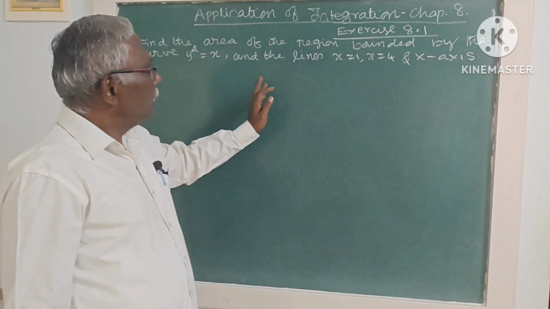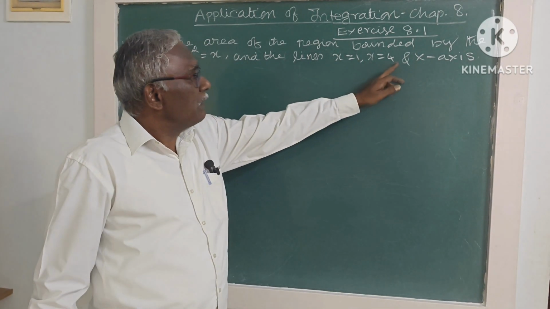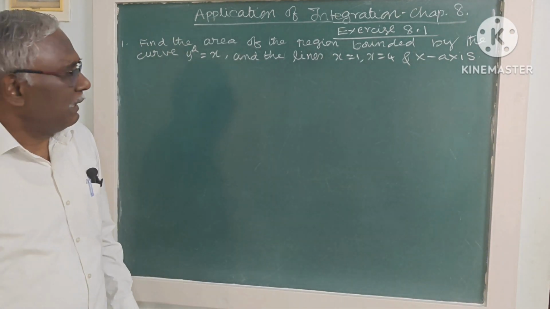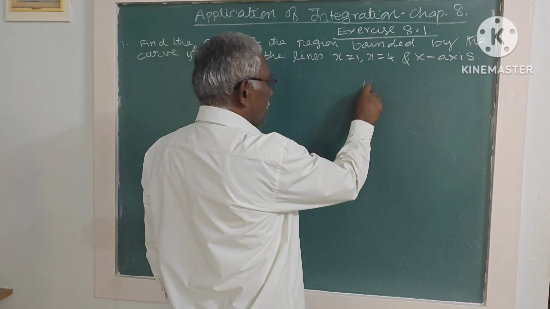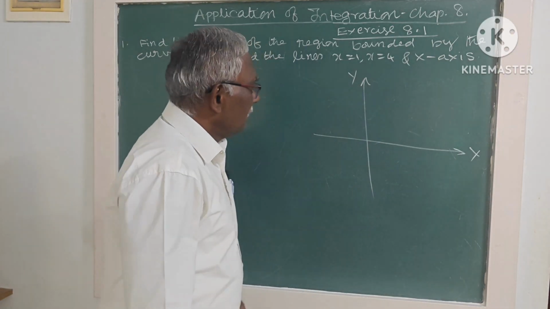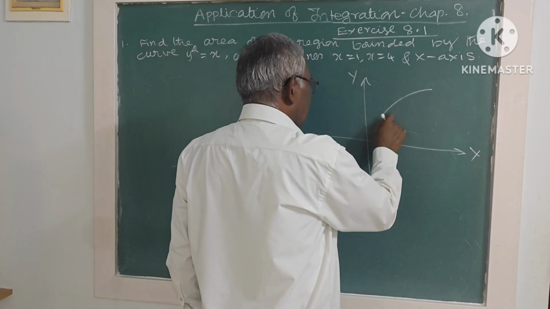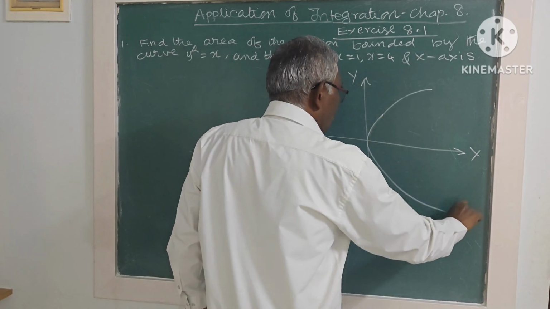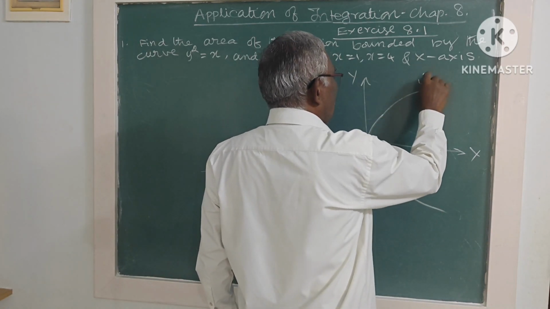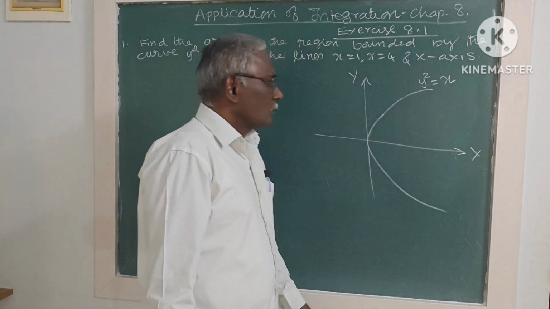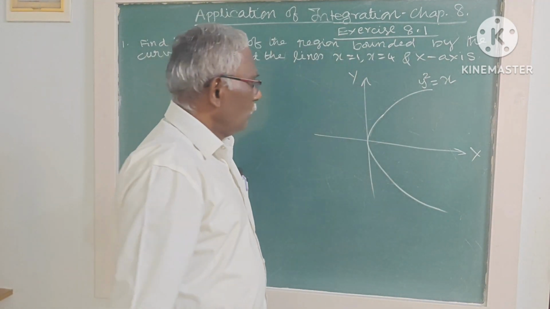Now, in this problem, we have to find the area of the region bounded by the curve y square is equal to x. So first we will draw y square is equal to x, and lines x is equal to 1.